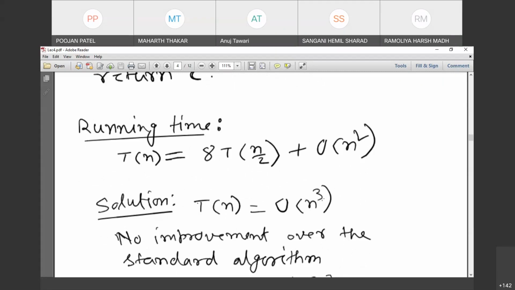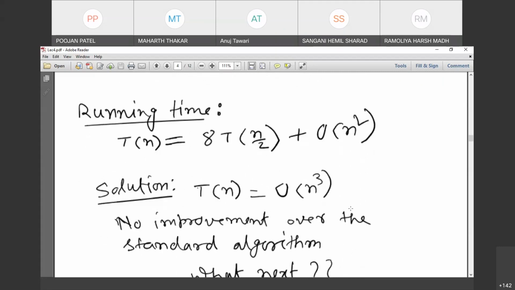But then there was one nice algorithm by Strassen, who showed that you need not do 8, but you can do it with even 7 multiplications. If I show you the description, it is very easy to verify, but it took almost 10 years to reduce this 8 to 7.